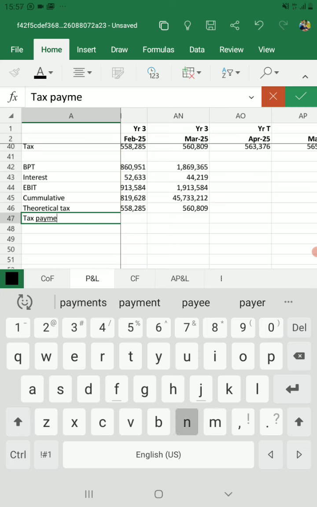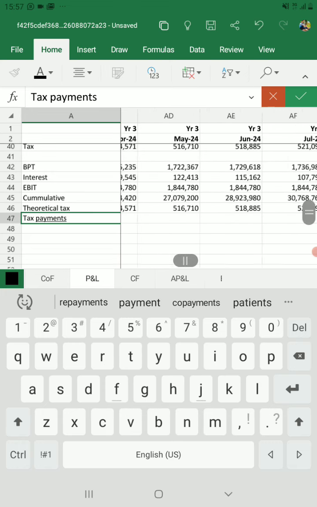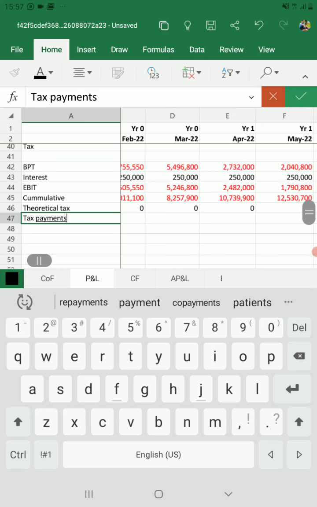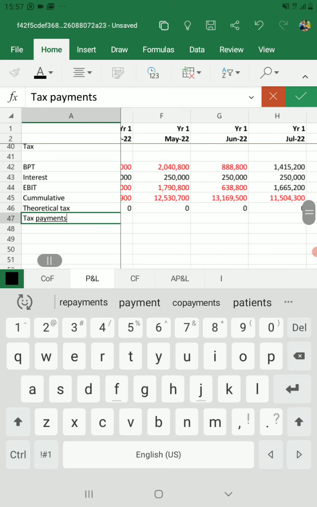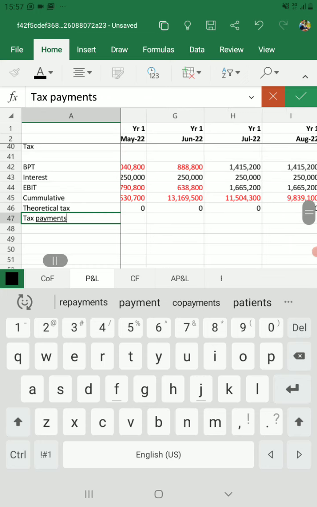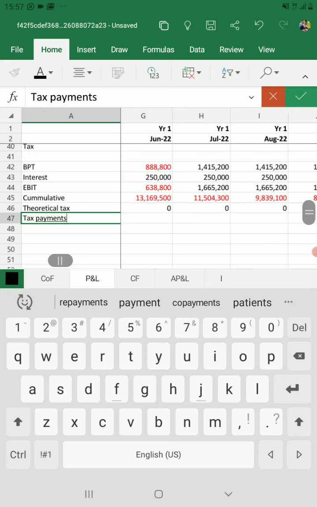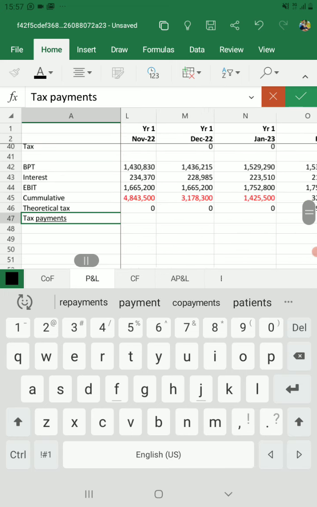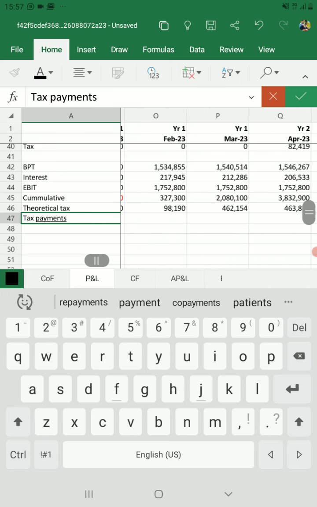Tax payments at the end of the calendar quarter. So the theoretical tax, if this was the tax that were to go into our financial statement, then it would have gone into these periods at the end of the calendar quarter.